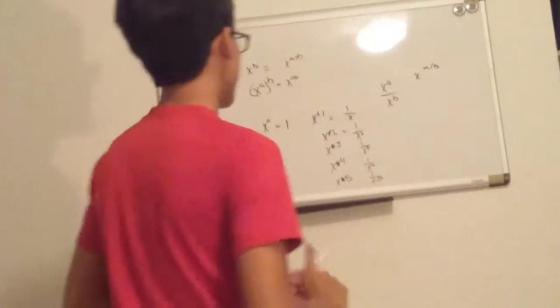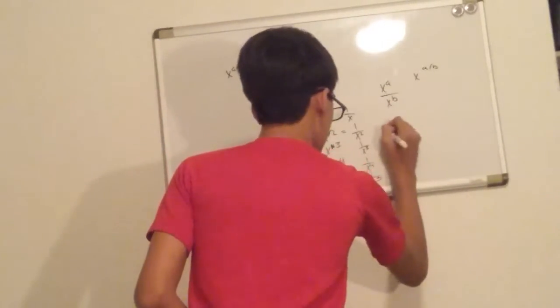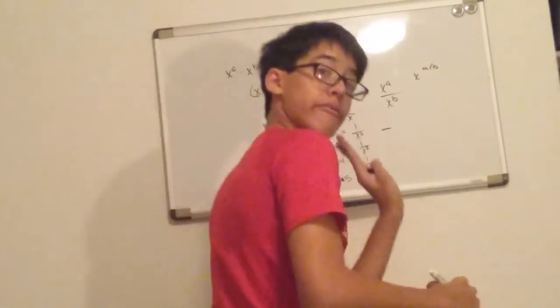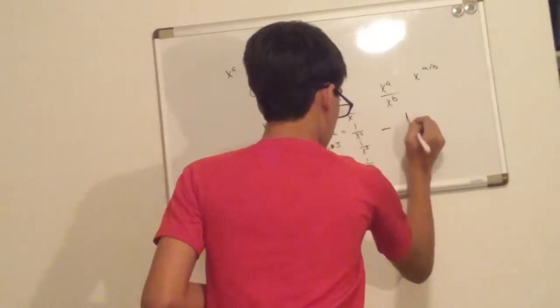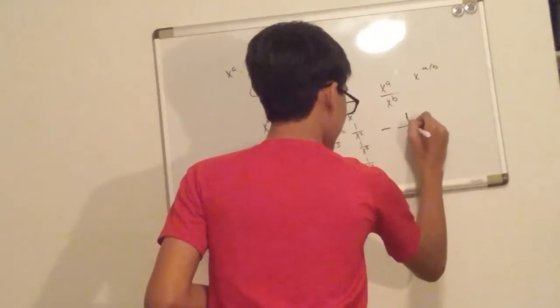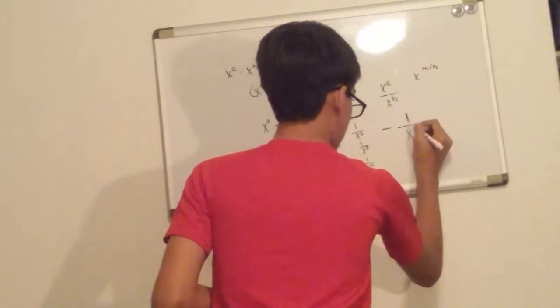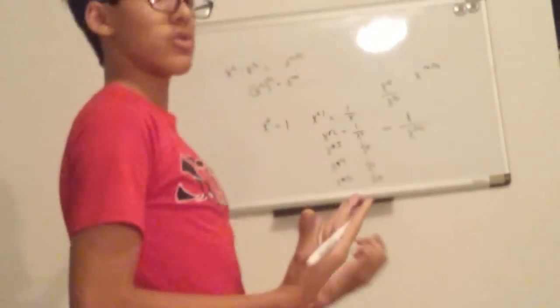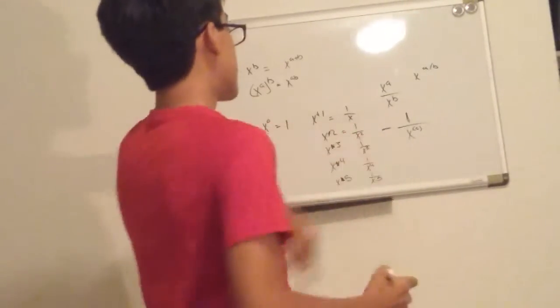Or better yet, this actually helps you. Turn that negative symbol, you know it's horizontal, right? Make it vertical and put that as your numerator. It makes sense.